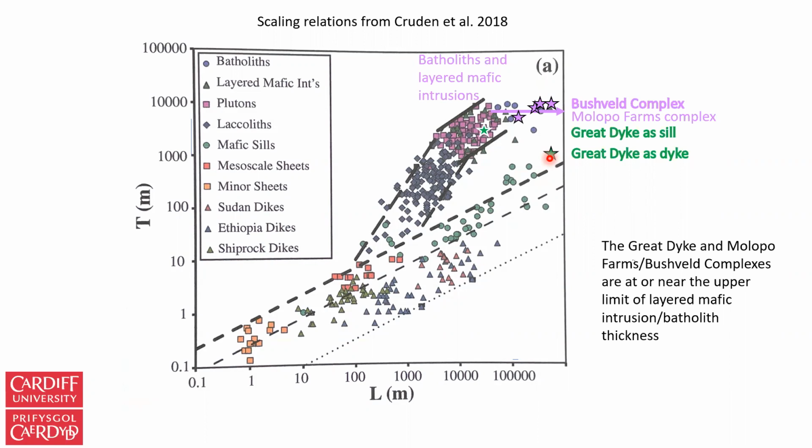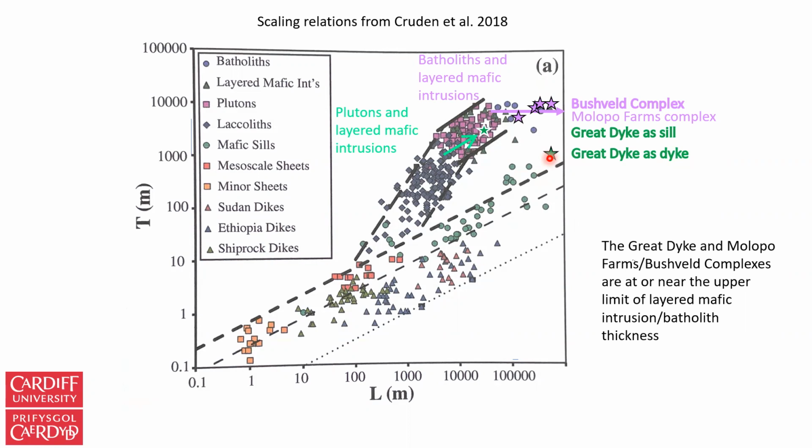For slightly lower sized intrusions, a different trend is evident on the compilation from Crudden and others, and that is an increasing length and thickness together, and that is interpreted to reflect a sort of stage of growth which involves expanding the length or the area of the intrusion more than its thickness, because the gradient of that line is a little bit less than the one-to-one that would be true for an equivalent expansion of thickness and length.